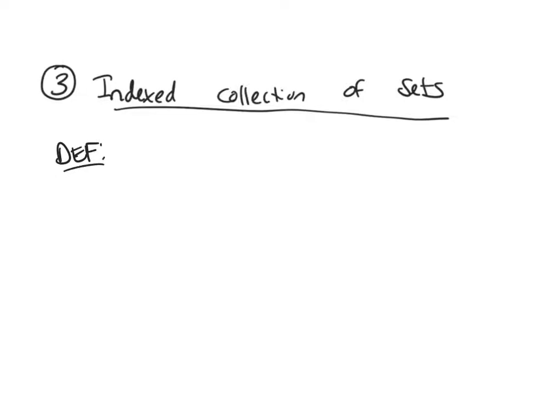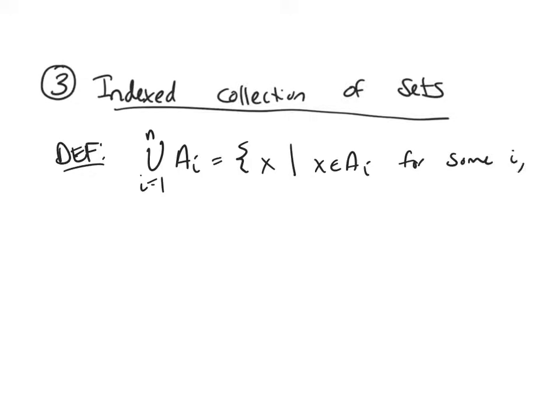So remember that in the videos, we defined the union of A_i to be the collection of elements x, where x is in A_i for some i, where i is between 1 and n.